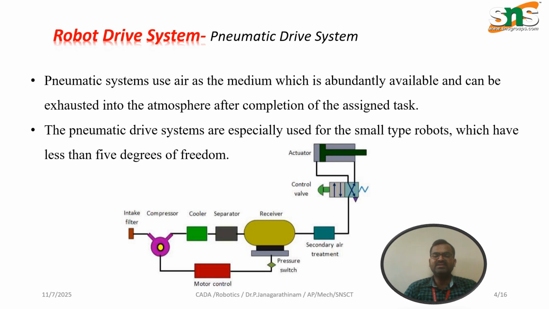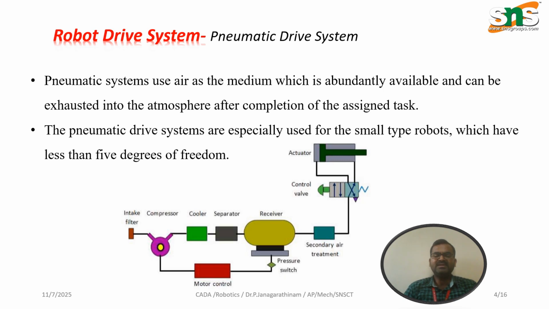The pneumatic drive systems are especially used for small robots which have less than 5 degrees of freedom, meaning less than 5 axes of motion. For that kind of application we prefer a pneumatic drive system.